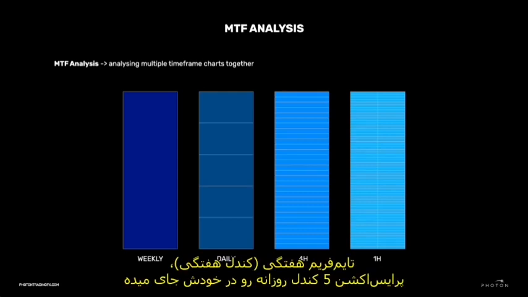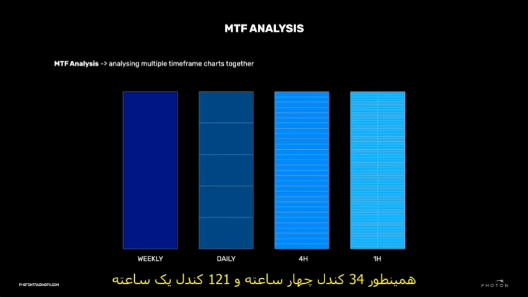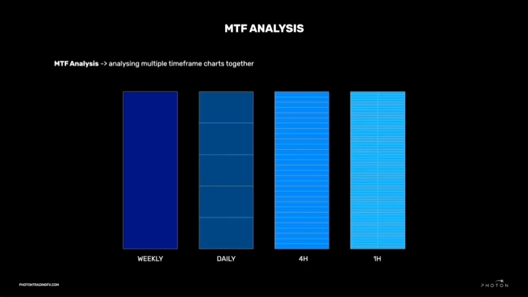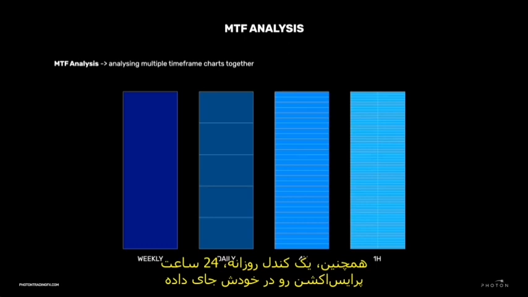On the weekly time frame, one weekly candlestick will contain the price action of 5 daily candlesticks, 30 4-hour candlesticks, and 120 1-hour candlesticks. Obviously one daily candle will be made up of 24 hours worth of price action, and so on.